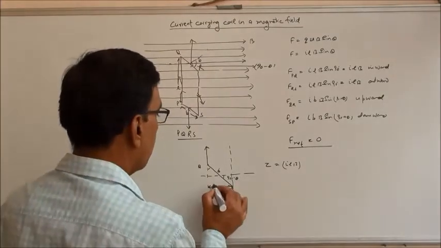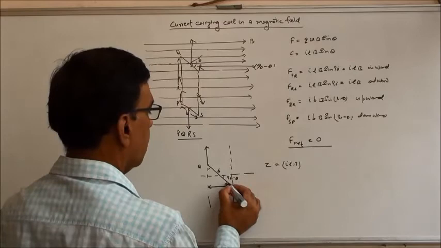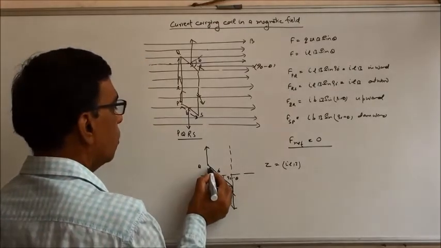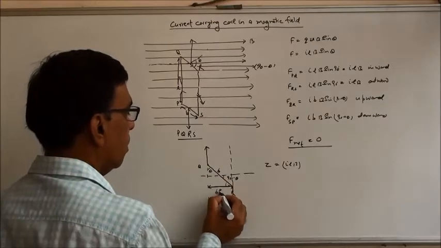Okay, let me work out this distance. This is 90 minus theta, so this will be 90 minus theta. Okay, so this will be theta. So B cos theta, and this will be B sin theta.